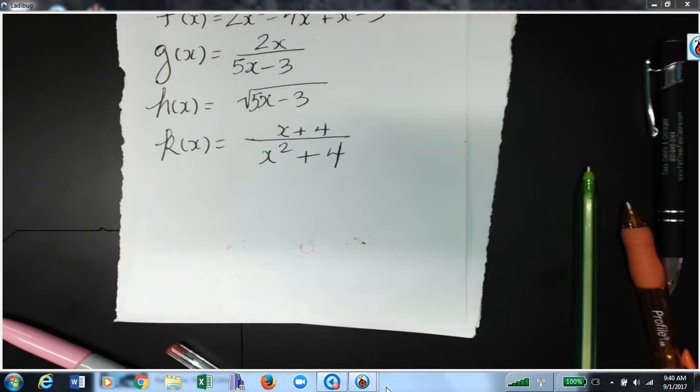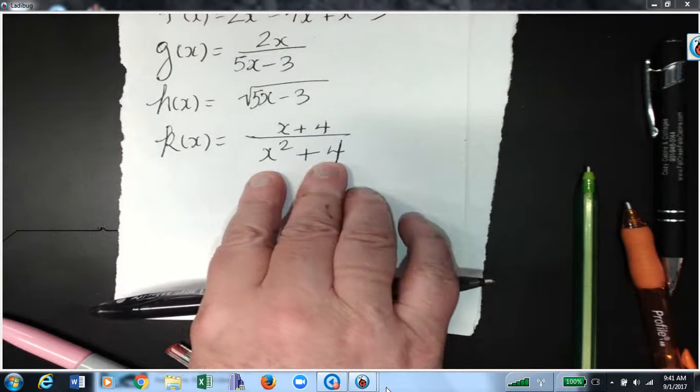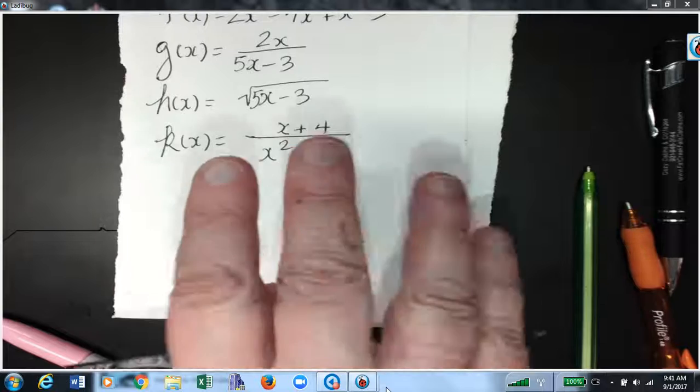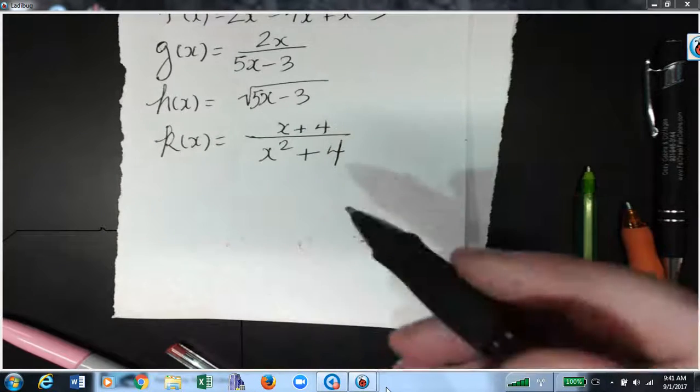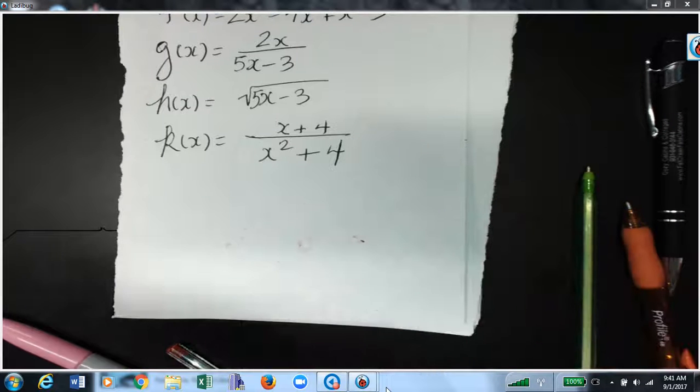No, no, no, no, no. You can only do cancellation if you have products in there. If I could factor this, like we did the first day we were together, and it had an x plus 4 as one of its factors, I could cancel the x plus 4s. But to just look at this and say, oh, I'm going to cancel the 4s, you have got to get out of that habit. You cannot do that.